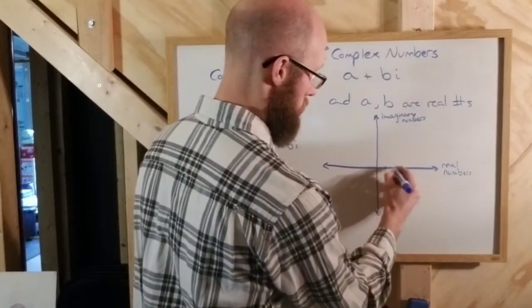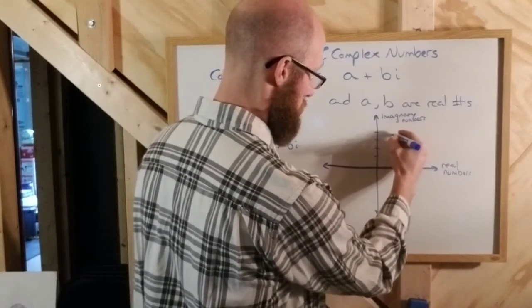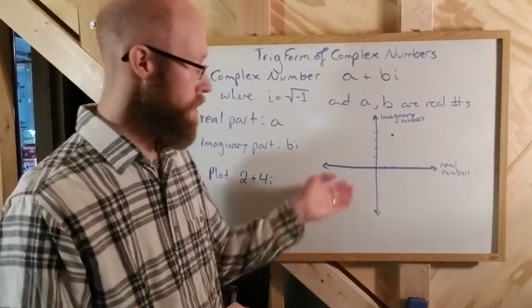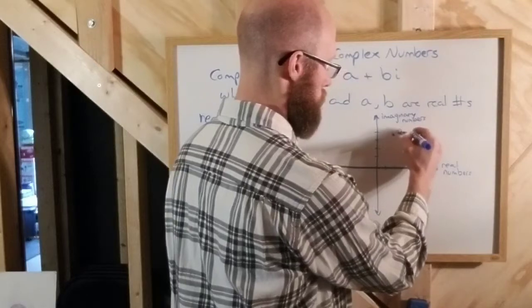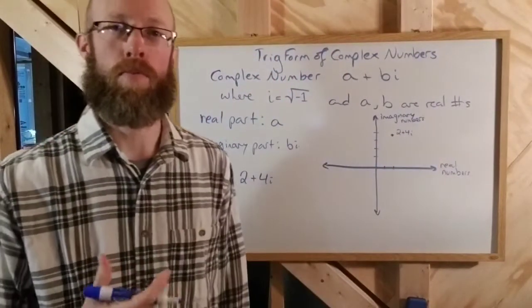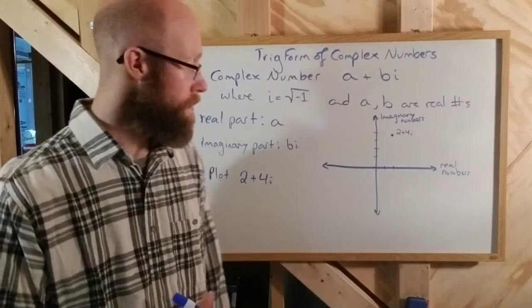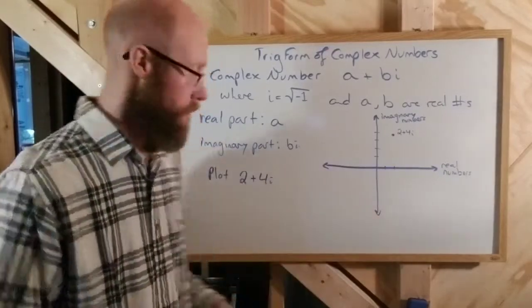So we plot 2, 4, and it would be a point on the plane, kind of the 2, 4 coordinate. This point represents the number 2 plus 4i, and of course we can do that with any complex number.